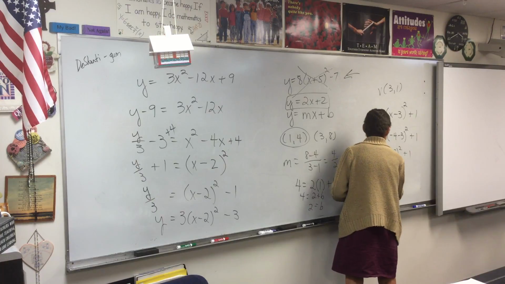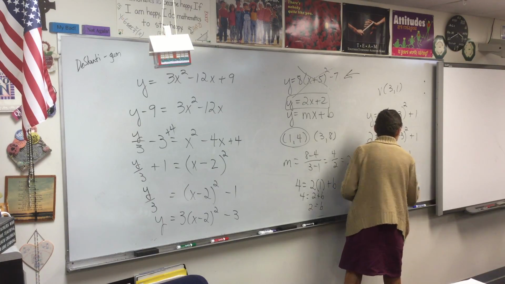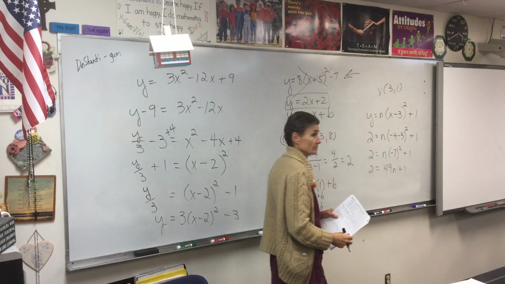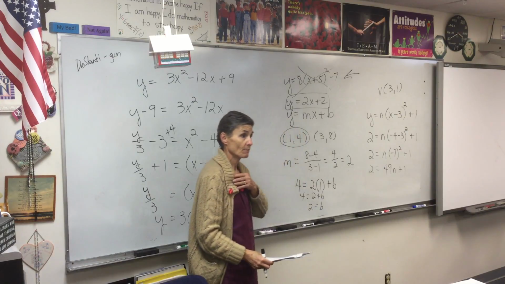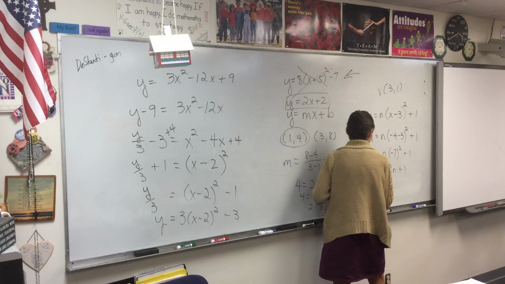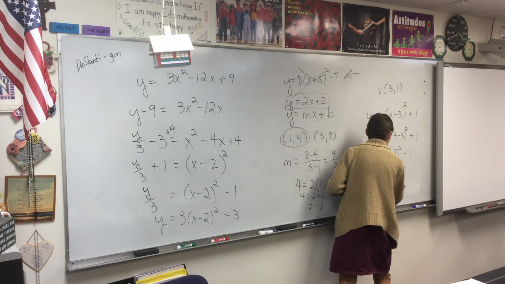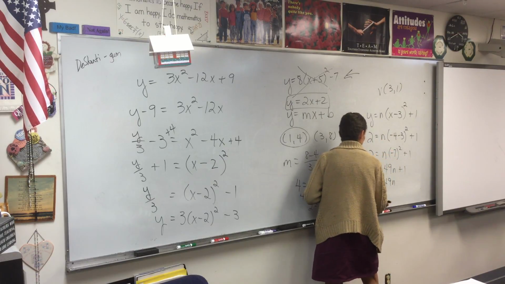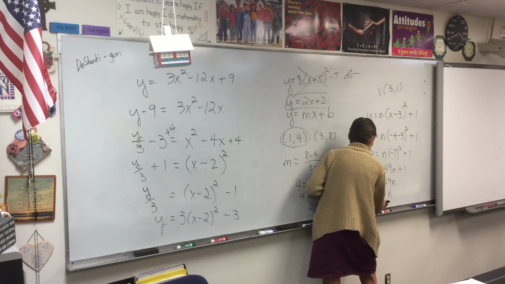So 2 equals 49n plus 1. Is that right? And then 1 equals 49n if I subtract 1 from both sides. And n equals 1/49.